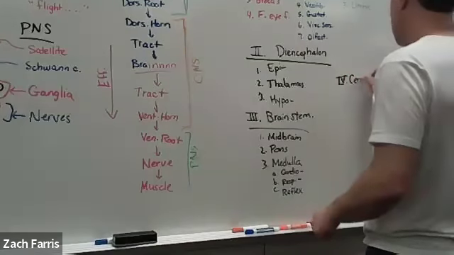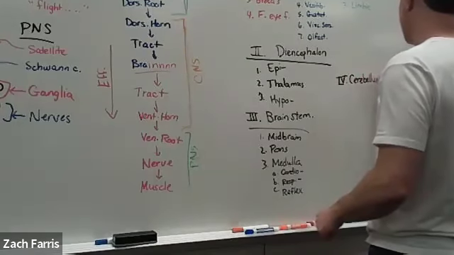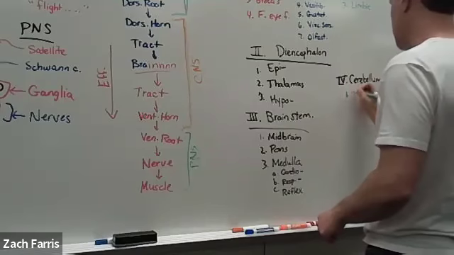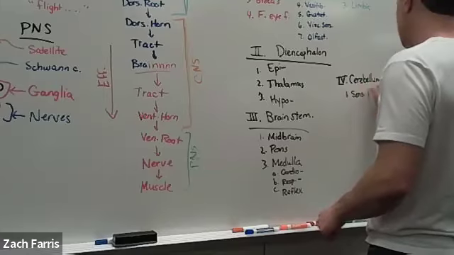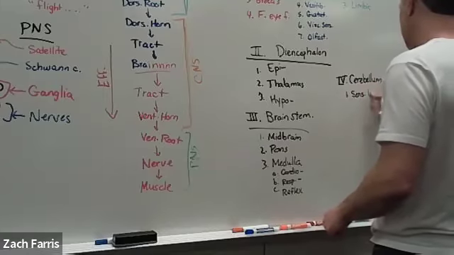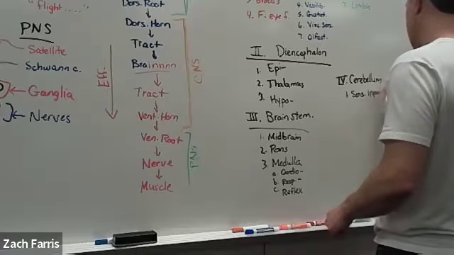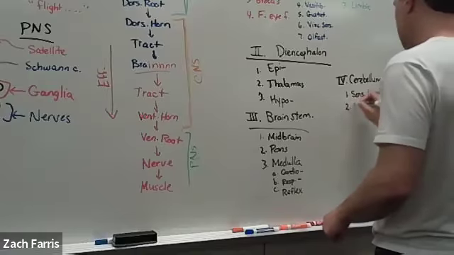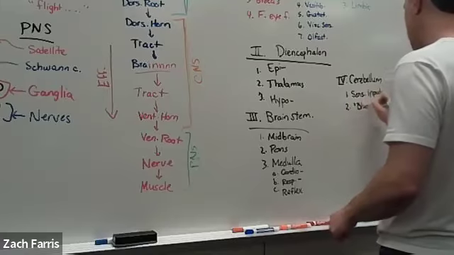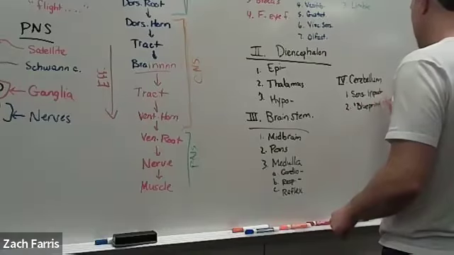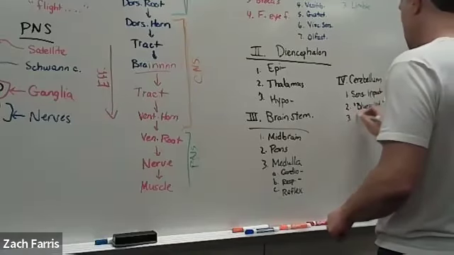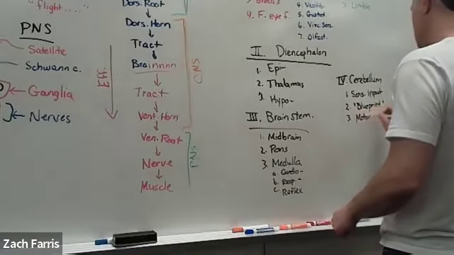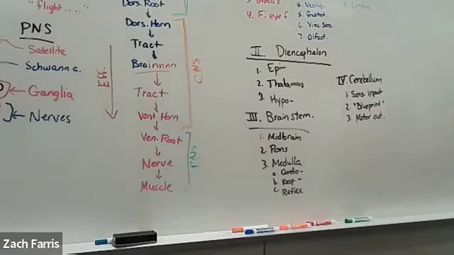Cerebellum. And I'm going to put three things underneath it as well. Your cerebellum, if you remember, takes sensory input, number 1. It develops a blueprint as number 2, and then motor output is number 3.